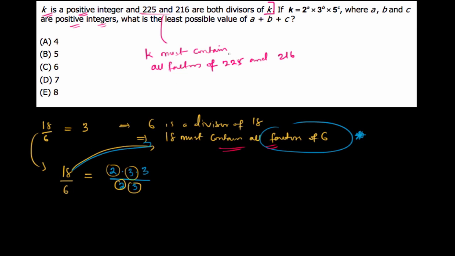So if k must contain all factors of 225 and 216, let's go ahead and find the prime factorization of 225 and 216.